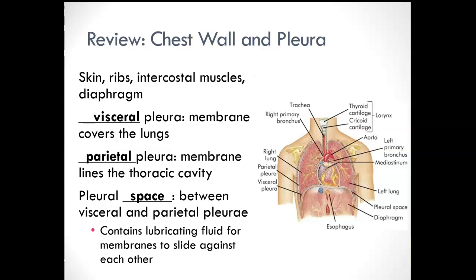That's the muscular cavity that your lungs sit inside. And then the space between those two is called the pleural space. Again, this is the space that has some lubricating fluid in it, so that your lungs, as they breathe in and out, can have some lubrication. Otherwise, we'd have friction in there and there would be a rub, and that would not be good.